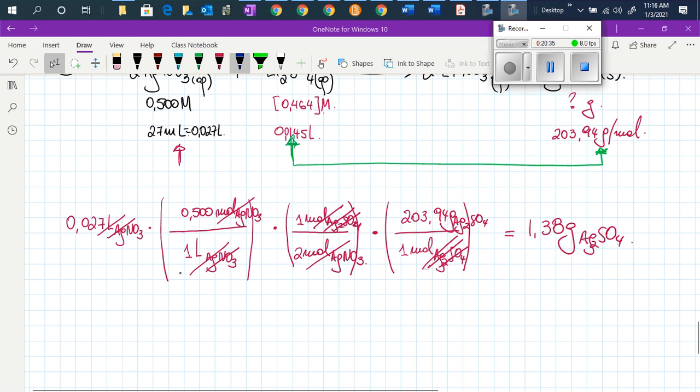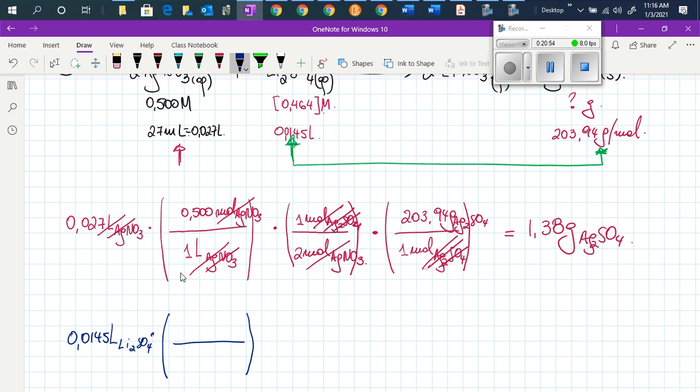So we'll go 0.0145 liters of lithium sulfate, using the molarity that we just found, 1 liter of lithium sulfate, 0.464 moles of lithium sulfate.